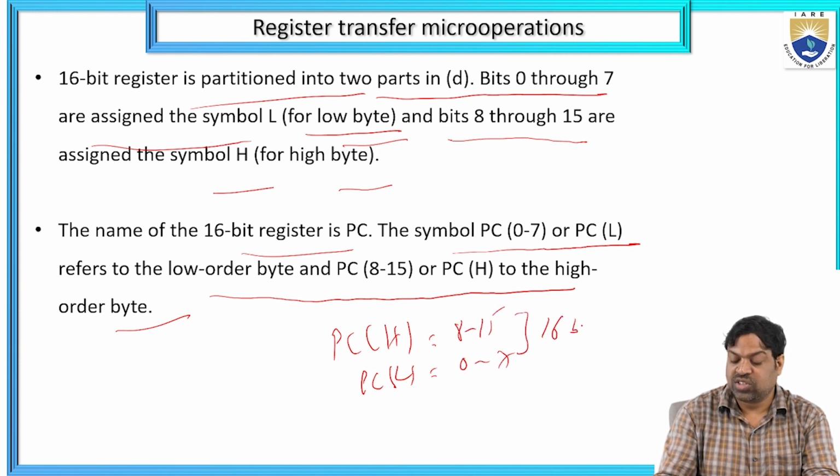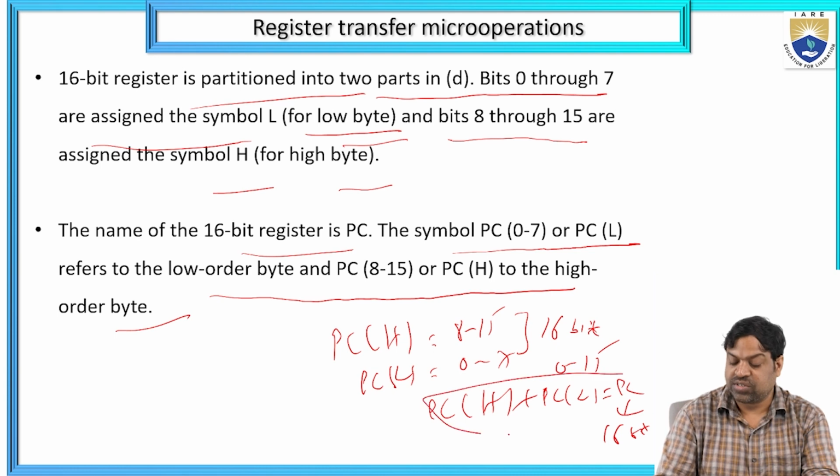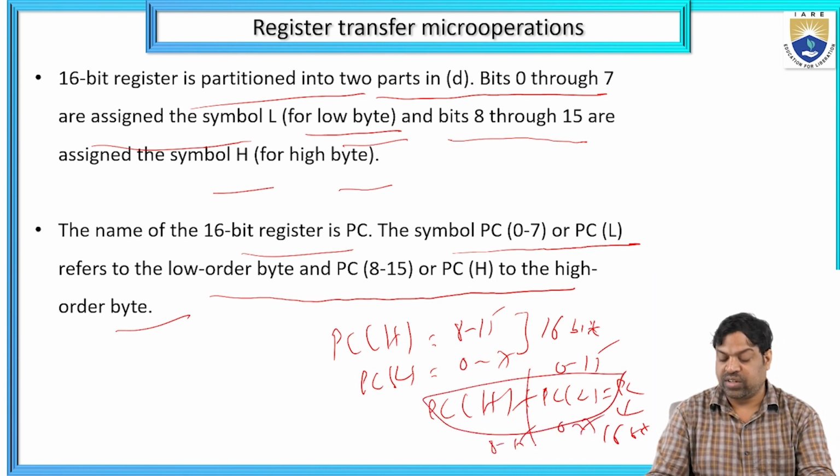Total how much? 16 bit, from 0 to 15. So PC of H plus PC of L equals the program counter. PC equals 16 bit, 0 to 7, 8 to 15.